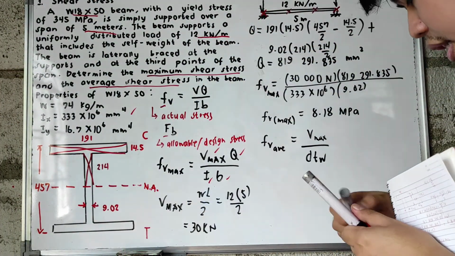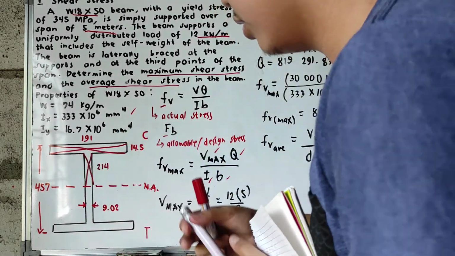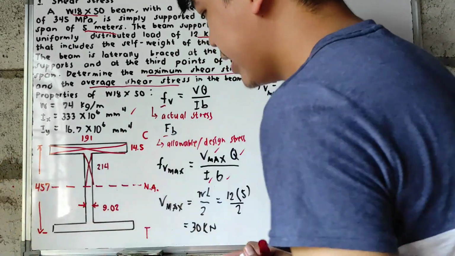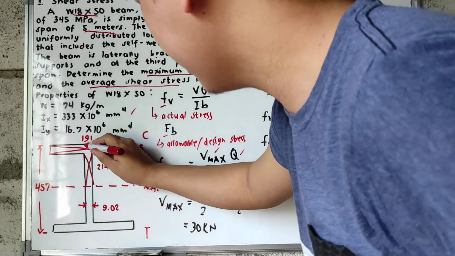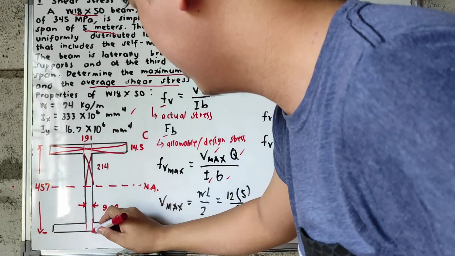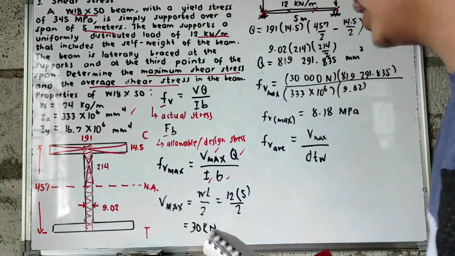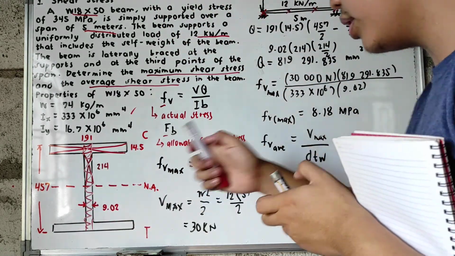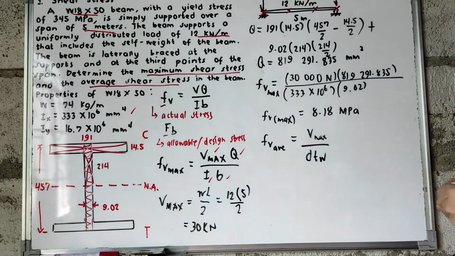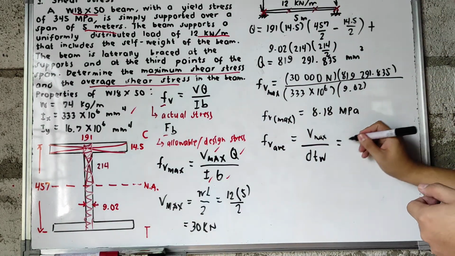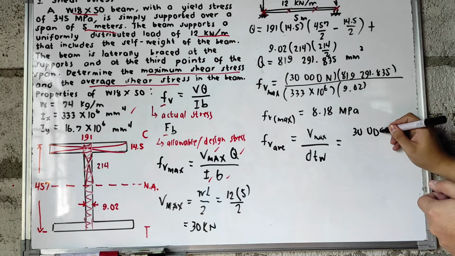So for this one, yung D natin, eto yan. So etong buong to, 457 multiplied by the thickness of the web. So etong naka-shade na to, eto yung average shear stress natin. So for this one, we have the value of our Vmax, which is equal to 30,000 Newton.